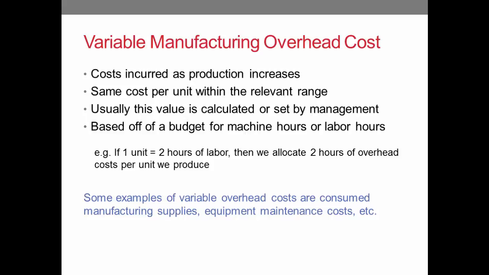And those are the costs incurred, again, like I said, as production increases. So the increased costs as production increases. So it's a cost per unit that remains the same within a relevant range. Usually this value is calculated or set by management, and that's through a budget, as I said at the beginning of the year.